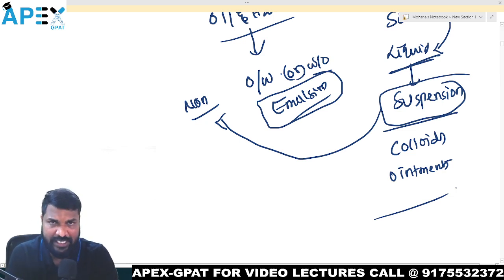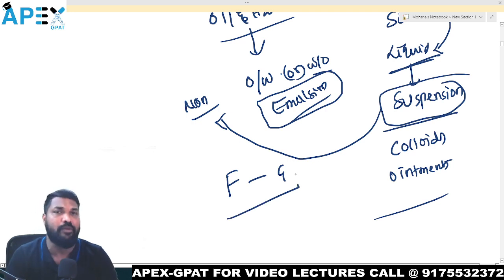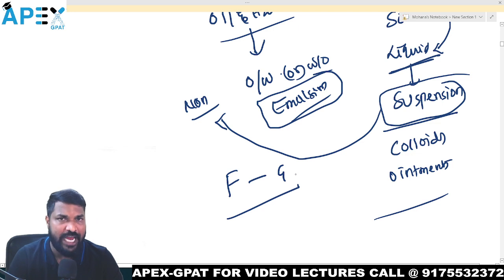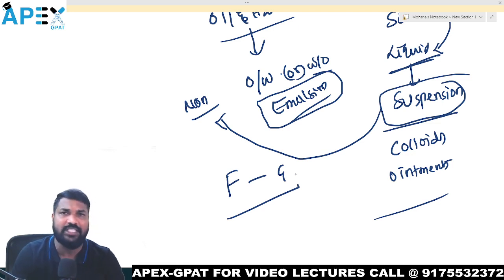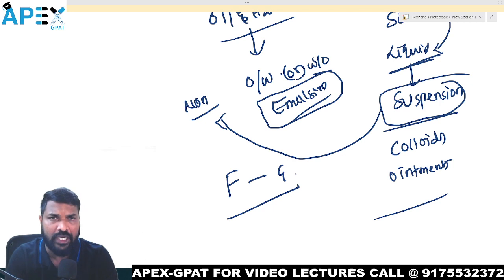In all these systems, if you apply shear stress, the rate of shear is not increasing proportionally. Both are not proportional. After applying 10 Newton, you will not get 10 flow. After applying 20 Newton, you don't get 20 flow. You cannot observe the proportionality here.